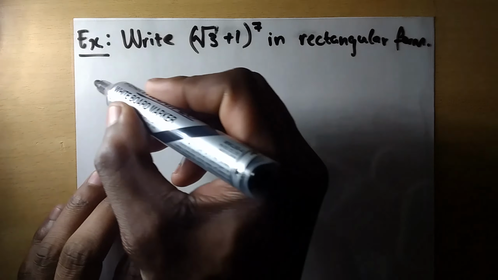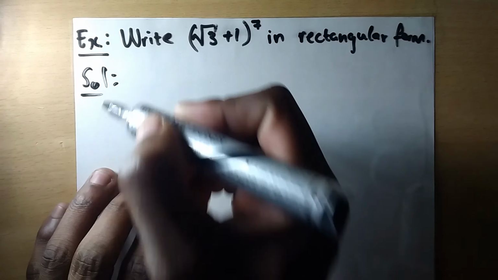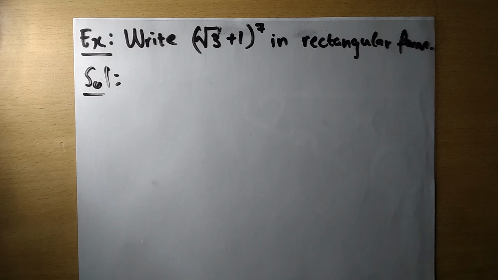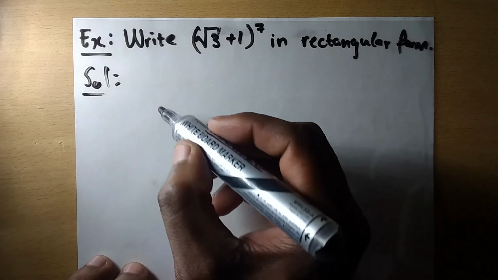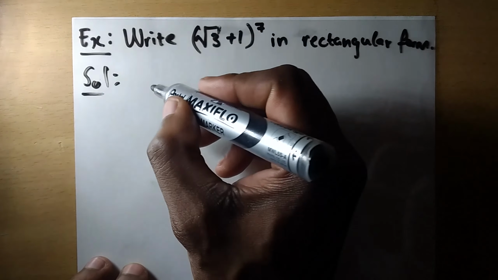Now let us have the solution for this. Looking at this nicely, guys, let us start by writing it in exponential form. Now let us find our r.